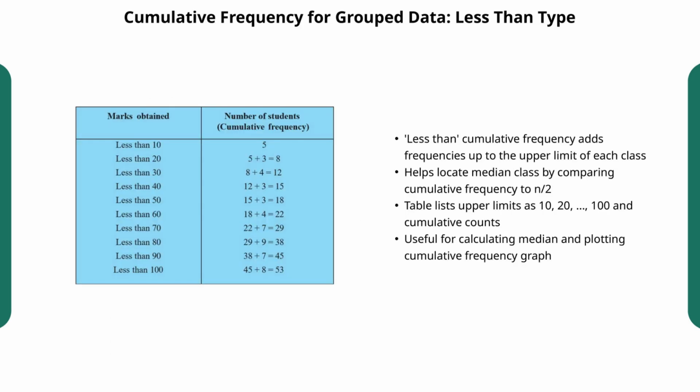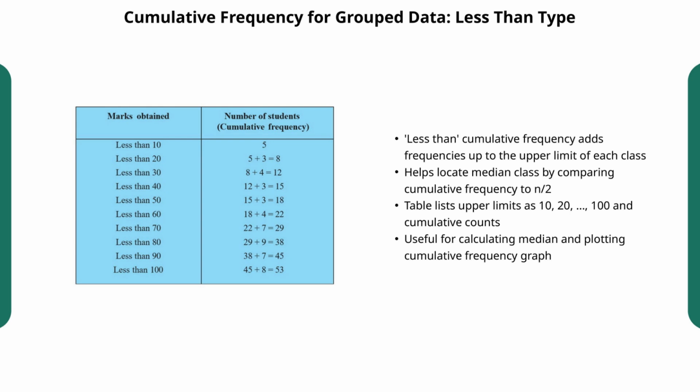To work out the median in grouped data, we use cumulative frequencies of the less than type. This means we sum up all the frequencies of class intervals up to and including a certain upper limit. For example, the cumulative frequency for marks less than 20 includes all students who scored from 0 to 10 and from 10 to 20 marks.